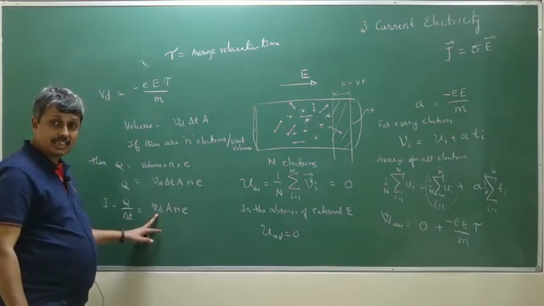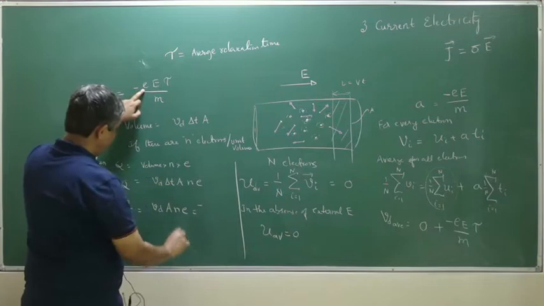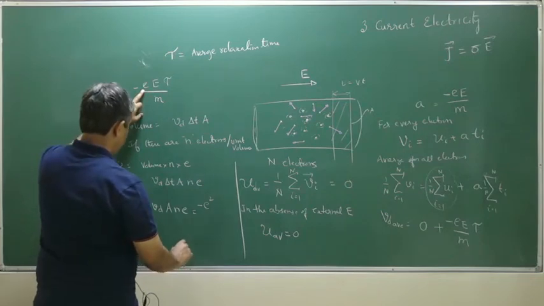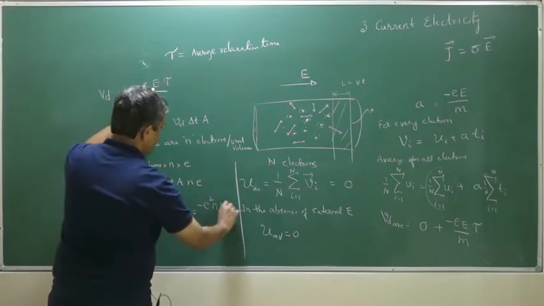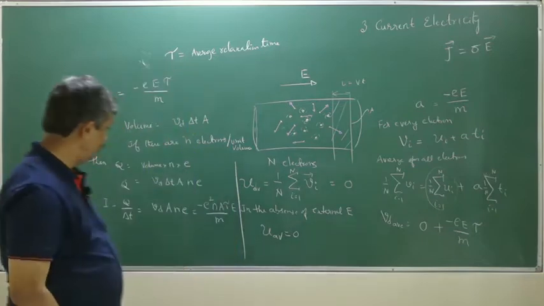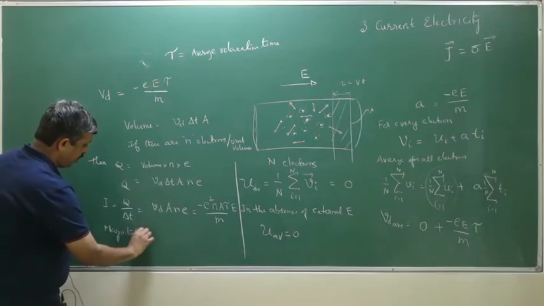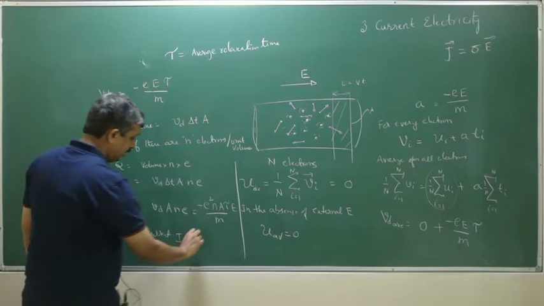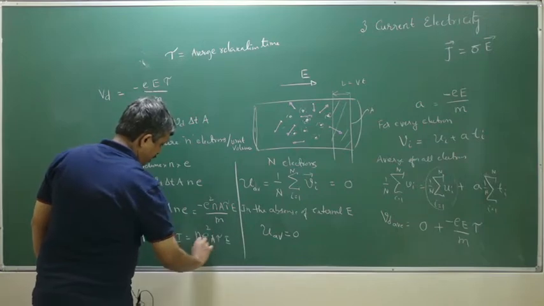We can now substitute Vd, which is minus E into tau into E divided by M. Now e into e is e square, and n, A. The magnitude of current is what we want to call I, so we drop the negative sign and say this is n e square into A into tau into E by M.